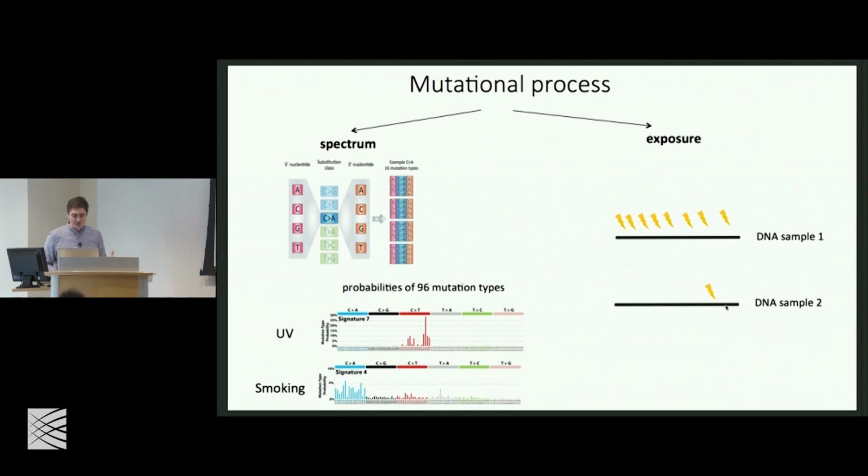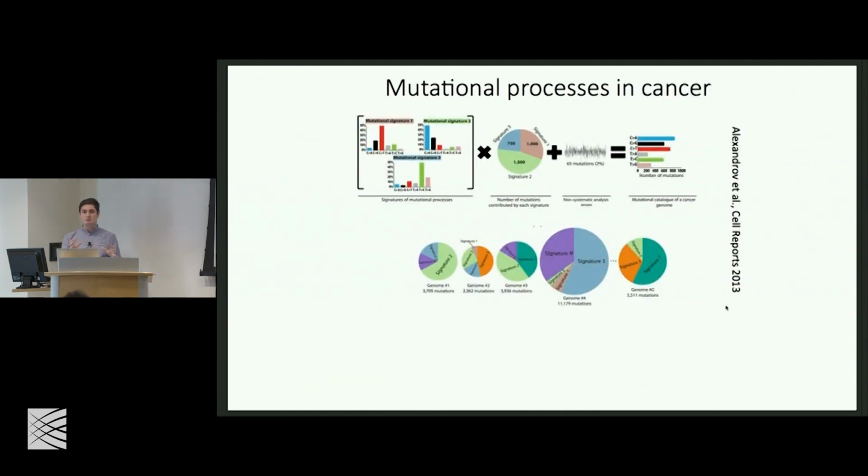Surprisingly, this simple mathematical framework was already sufficient to get really deep insight into cancer biology, and I'll briefly introduce how people used it there. We can summarize the mutations that happen in a tumor sample as a vector of frequencies of different types of mutations.